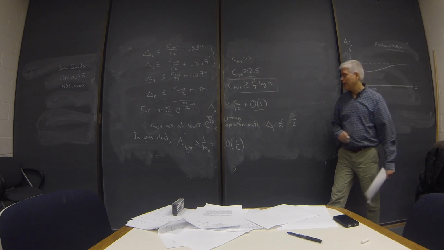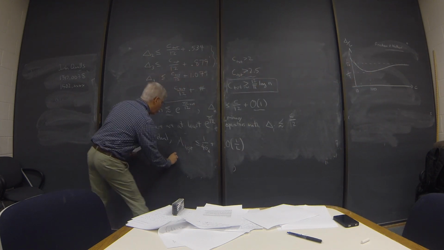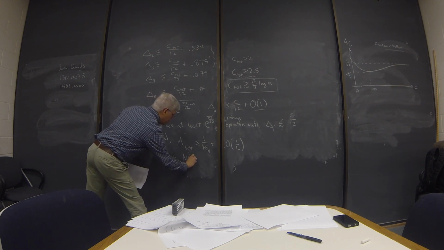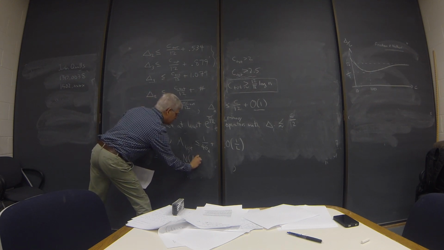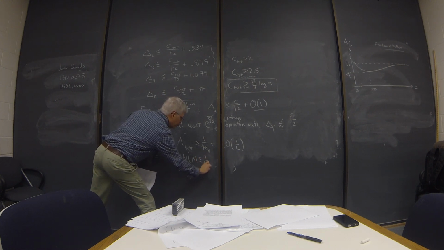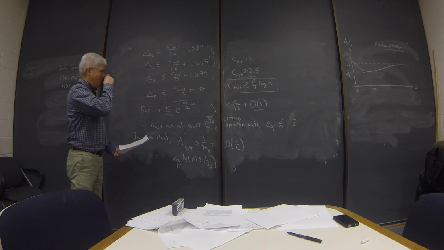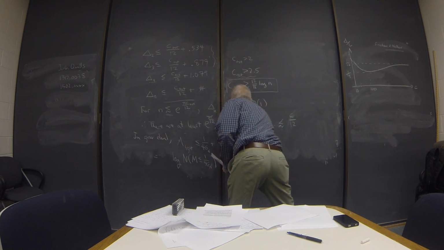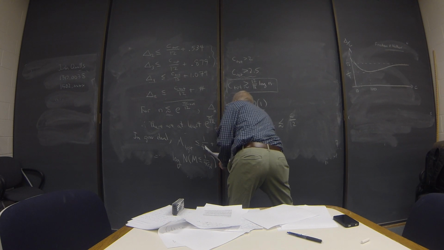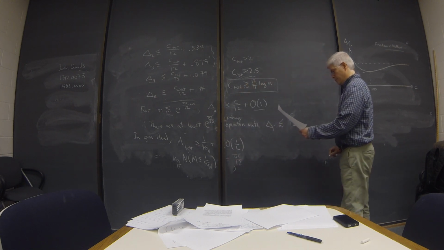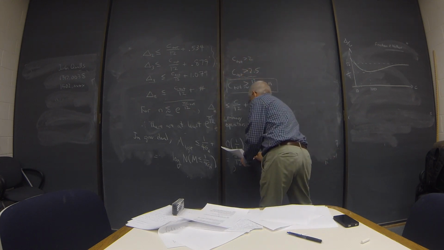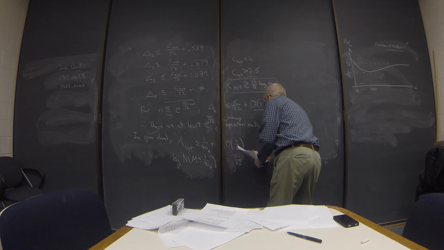In fact, the log of the number of states with mass less than or equal to 1 over 4 G Newton is, according to this, pi c over 12, which is the same as pi L over 4 G Newton.